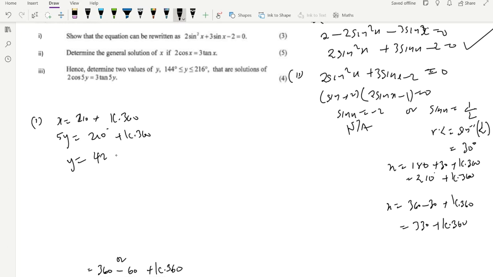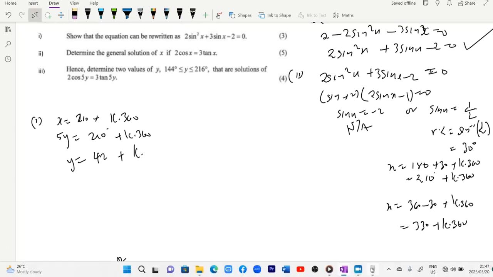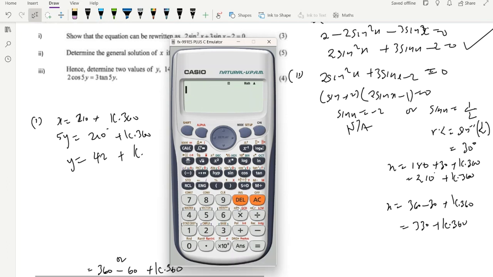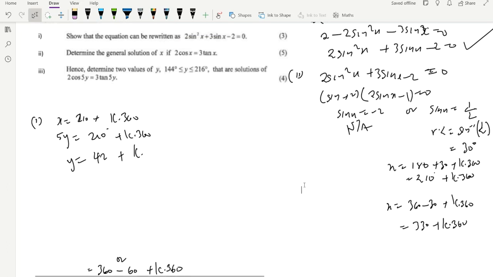Then it's 42 plus k, divide your 360 by 5. Don't make any mistake, guys. You have your calculator. Just take advantage of the calculator, which is 72. Or we have another solution, which was x equal to 330 plus k 360.